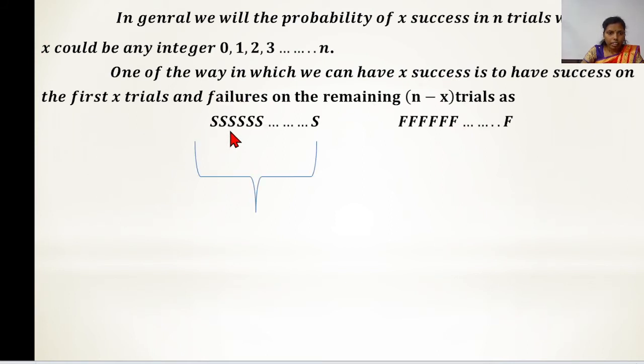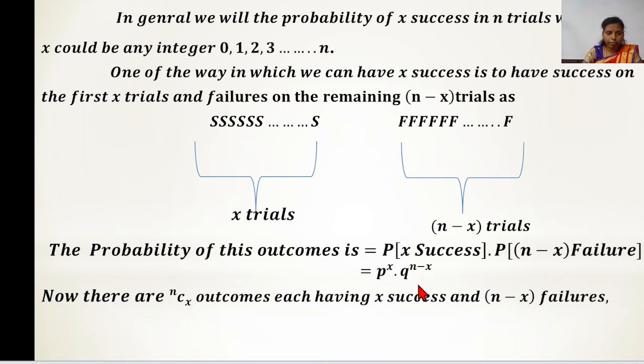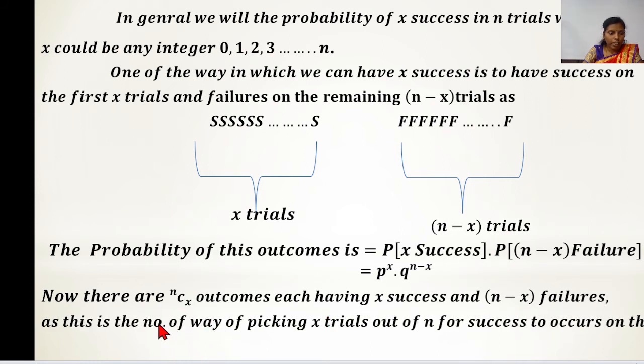That is, x trials are the total successes and n minus x trials are the total failures. Therefore, the probability of this outcome is the probability of x successes into the probability of n minus x failures. It can be written as p raised to x into q raised to n minus x. Now, there are nCx outcomes each having x successes and n minus x failures, as this is the number of ways of picking x trials out of n for success to occur on them.